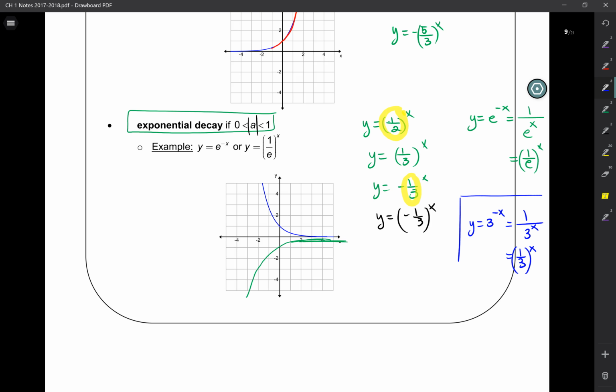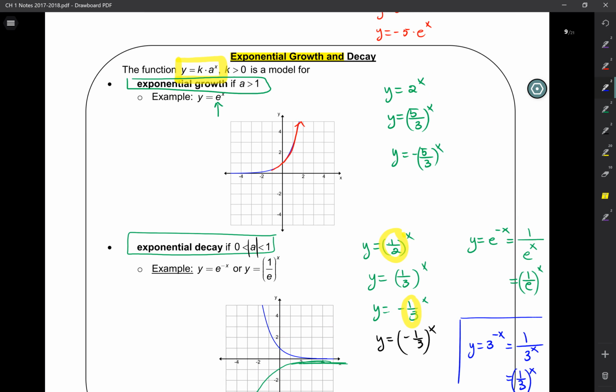If it's negative in the base, it doesn't matter. It could be growth or decay. Guys, listen. If you're looking at the base, you ignore the negative altogether.